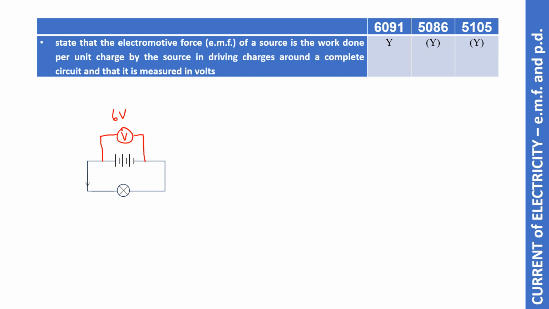All right, so when we memorize definitions, let's break them down into parts. The keywords here: work done, per unit charge, by the source to drive the charges around the complete circuit. In terms of the formula, we write e.m.f is equal to the work done, W, per unit charge to drive the charges around a complete circuit.